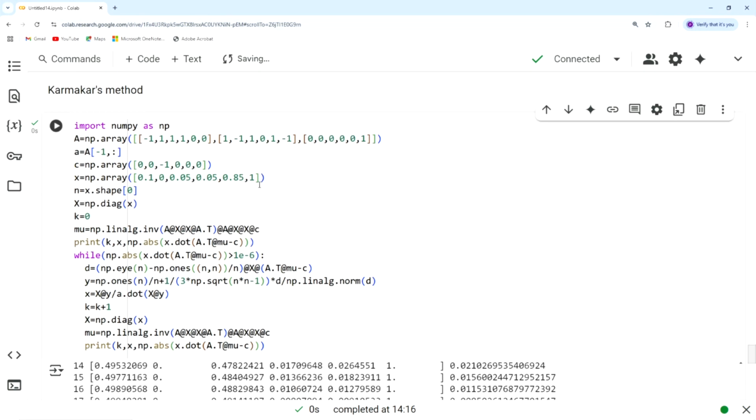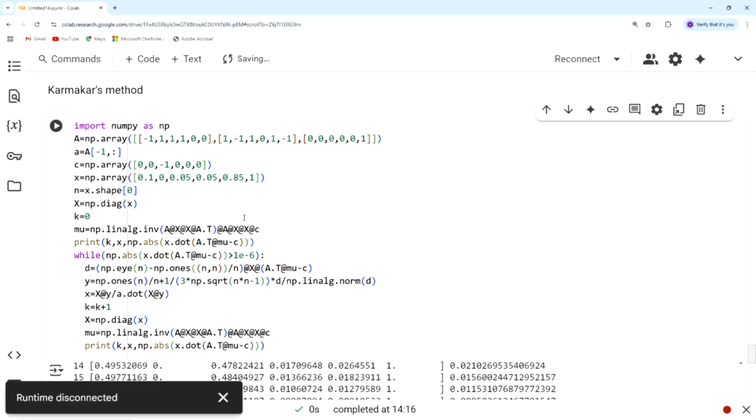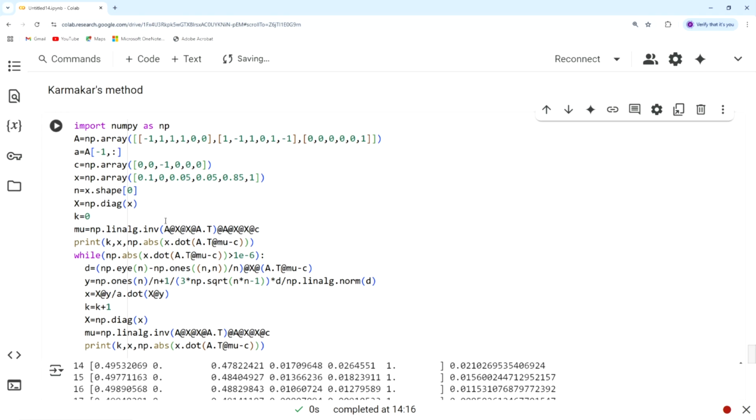And so, you can see that the algorithm is very similar to what you had for the affine scaling method. It is just that instead of using a linear transformation, you are using a projective transformation, and instead of the standard form, we are using the canonical form.